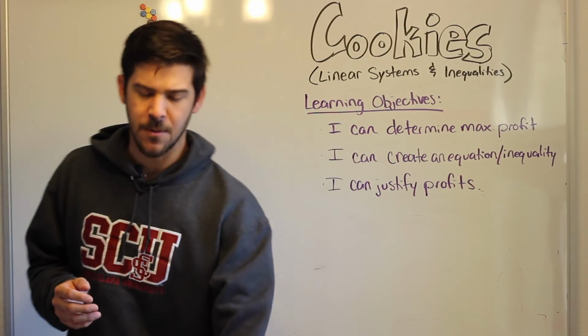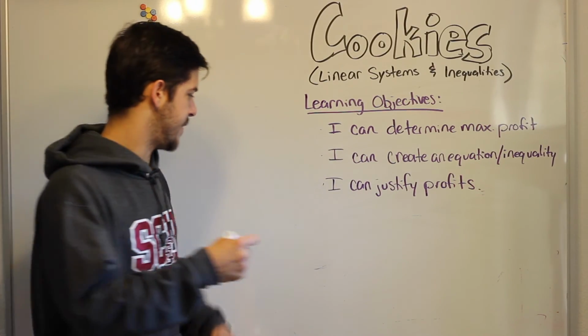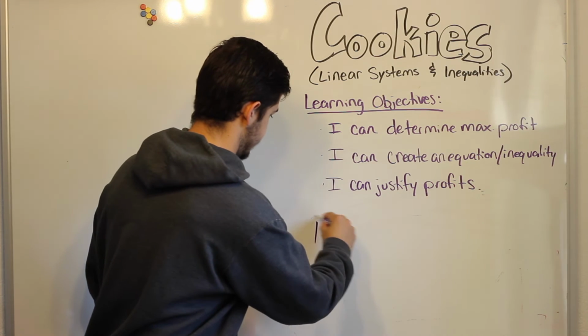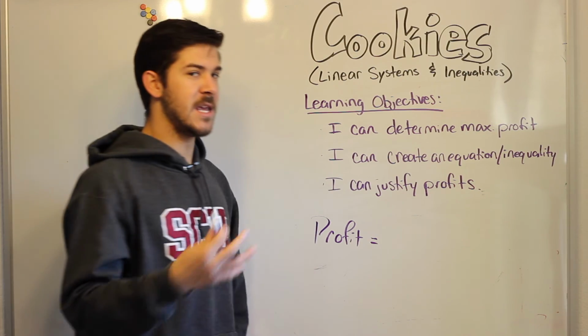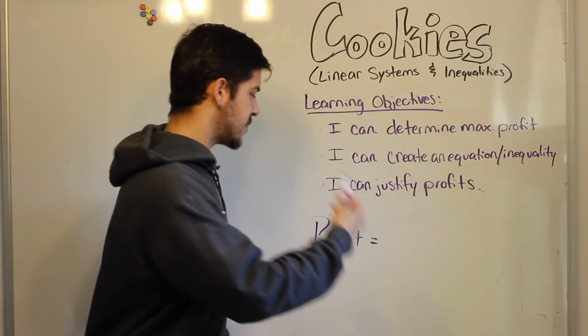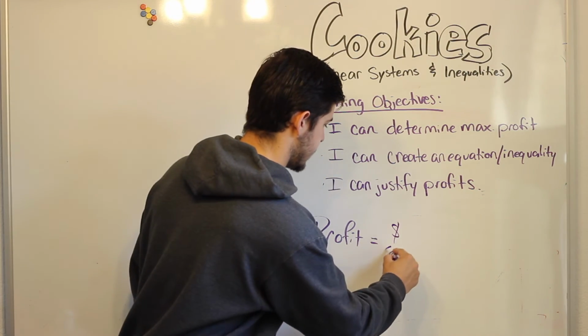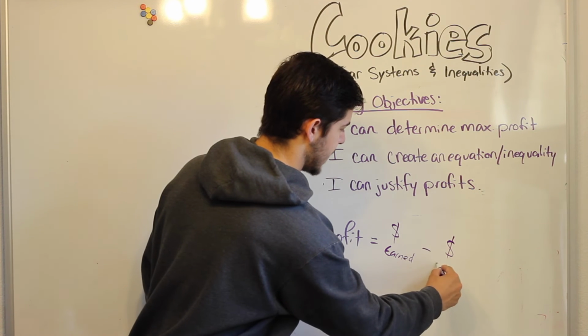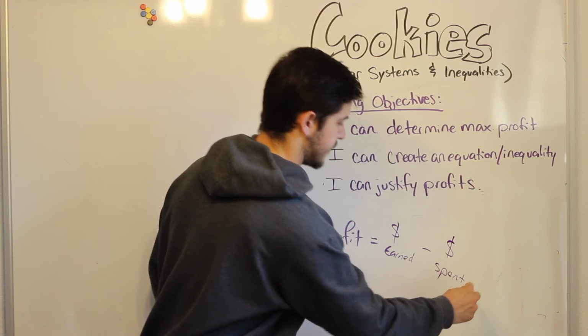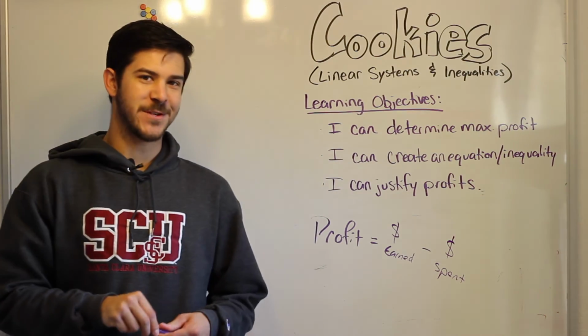For those of you that forgot what profit was, let's talk a little bit. Profit is going to equal how much money you make subtracted by the total money that you spent. Some of you remember this from class.